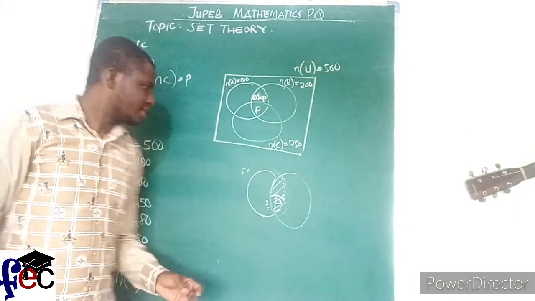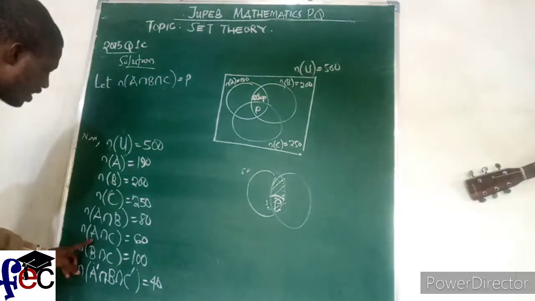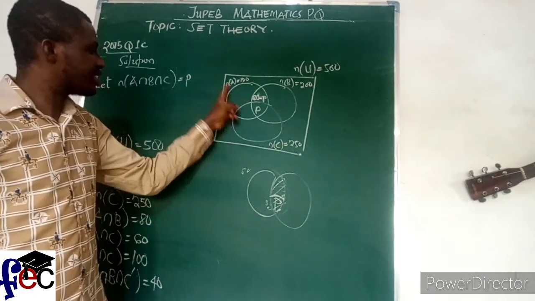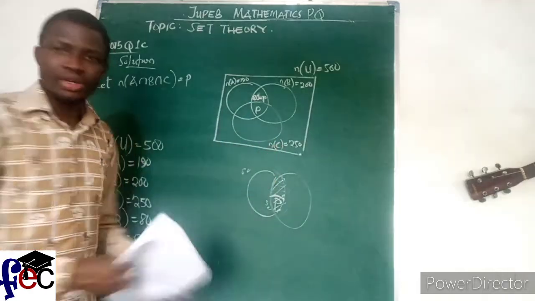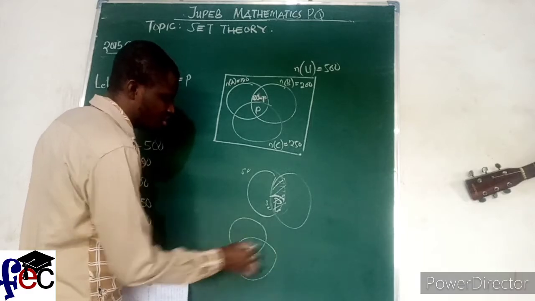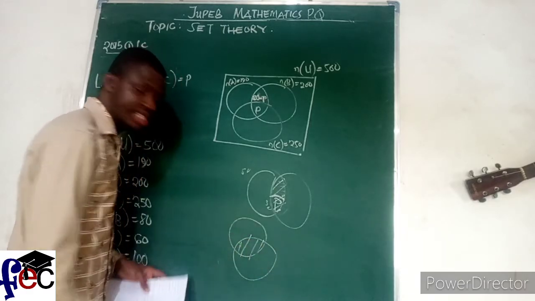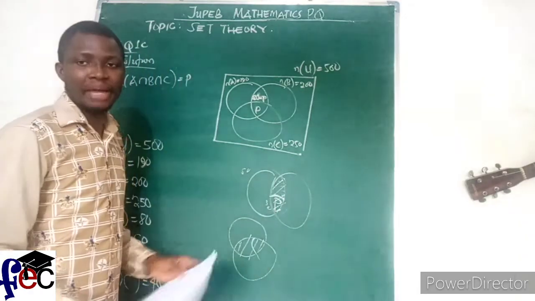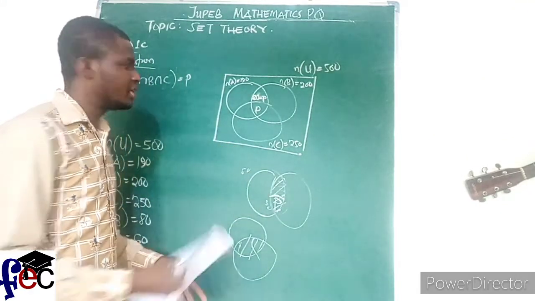Are you getting it? So the next one says that the cardinality of A intersection C is 60, which means that between this circle and this circle, the region here is 60. And a fraction of it has been occupied by P. What will be the remaining part?